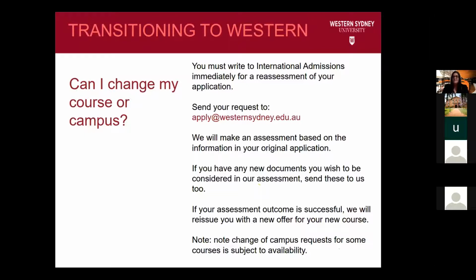And we will make an assessment based on the information in your original application. If you have any new documents you wish to be considered in our assessment, send these to us too. If your assessment outcome is successful for the new course that you wish to apply for, we will reissue you with a new offer for your new course.